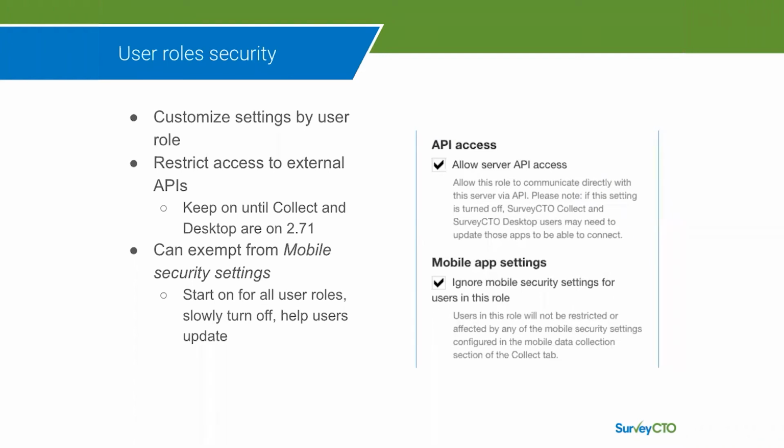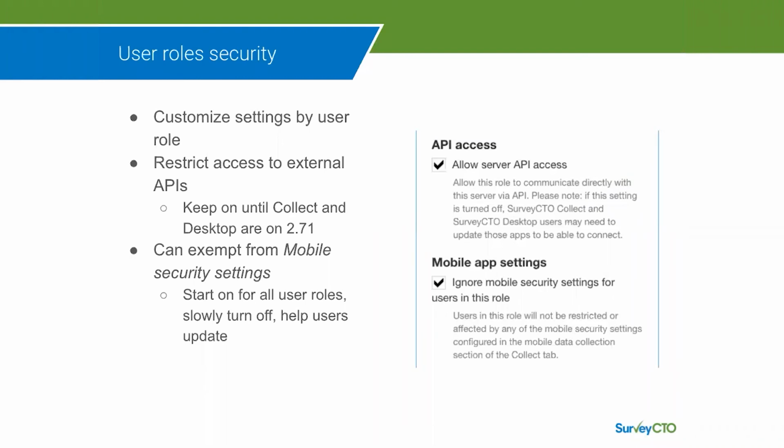We also have new security settings where you can restrict access to external APIs. SurveyCTO can be used with external APIs, such as the REST API. However, this can pose a security risk if a user uses an API or a script that uses an API that is not completely trustworthy. If you turn off this setting, then SurveyCTO will only be able to interact with authorized applications such as SurveyCTO Collect and SurveyCTO Desktop.